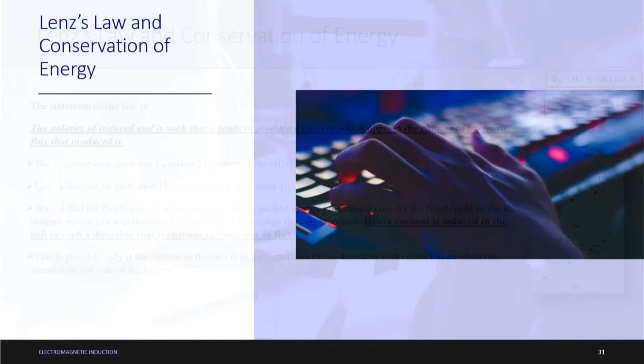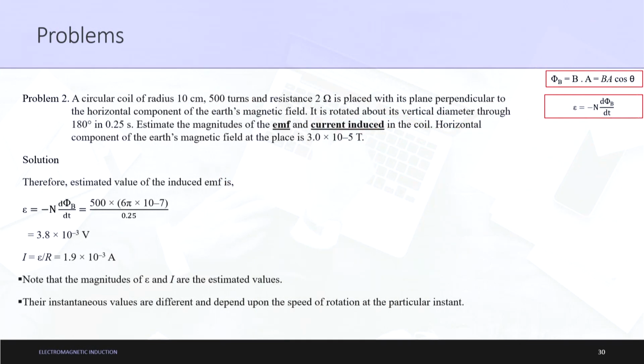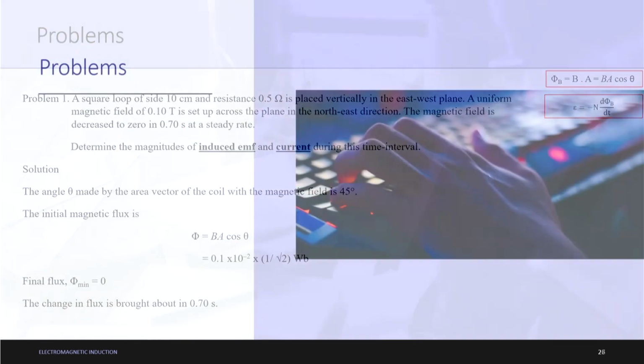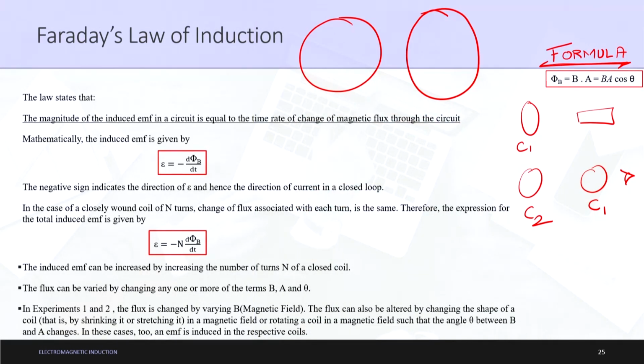Let me iterate the statements again, so as to understand the difference between Faraday's law of induction and Lenz law. Faraday's law of induction was only based on the definition of EMF, which is electromotive force.